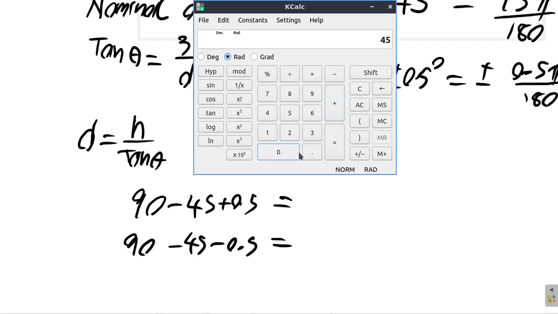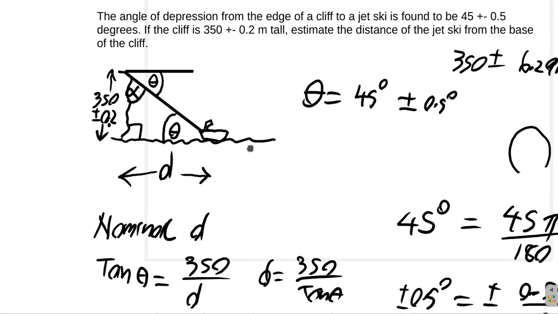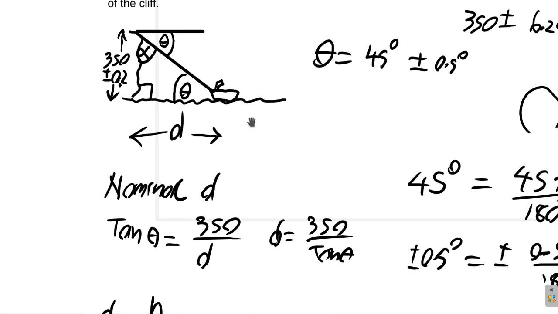Plus 0.5, it's 45.5. And then 45 minus 0.5 will be 44.5. So it's still 45 plus or minus 0.5, right? You see that?